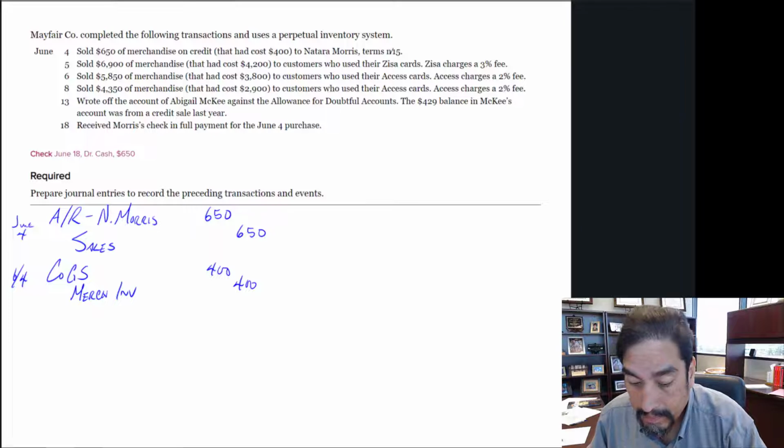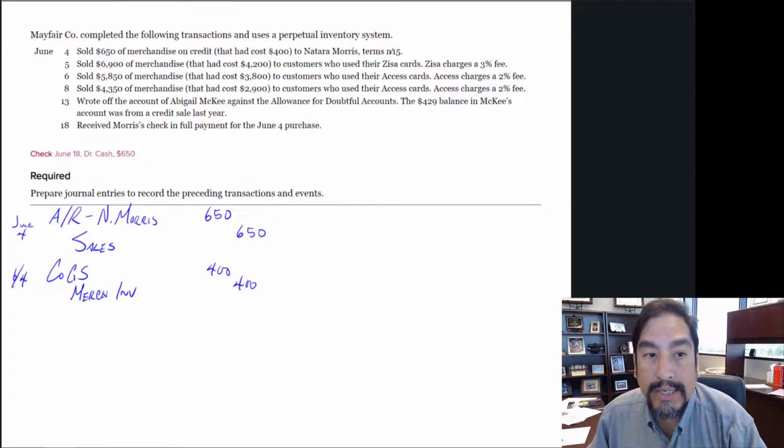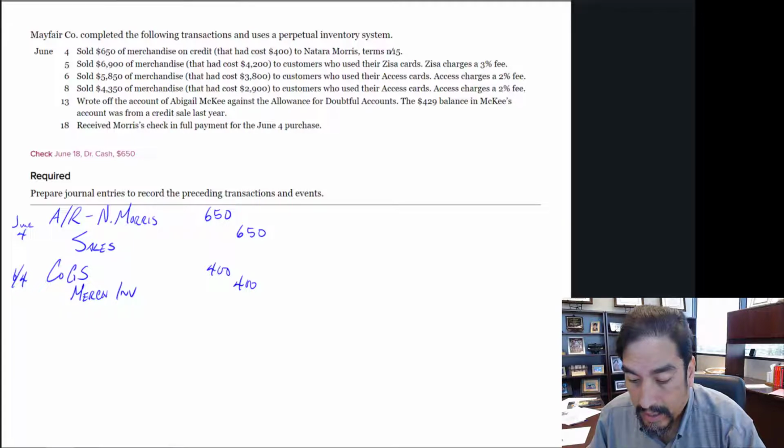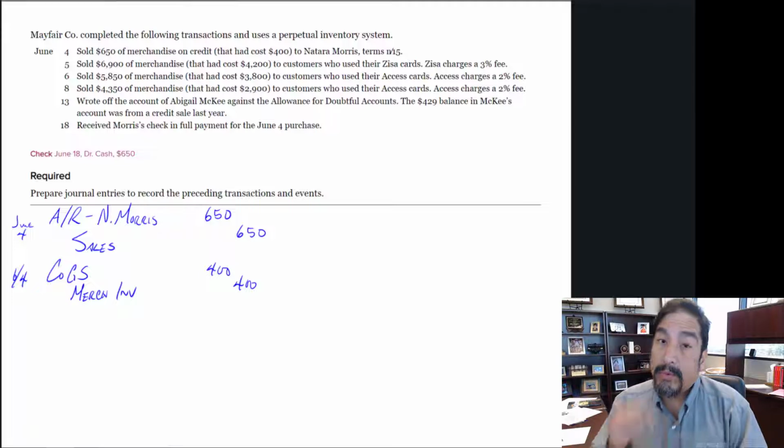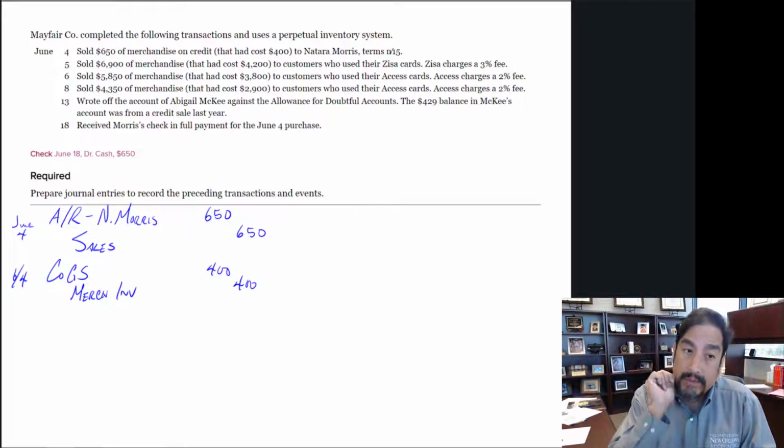Next, we sold merchandise to a customer for $6,900. It cost us $4,200. The customer used their credit card, so this is not accounts receivable. We still have two journal entries to write.